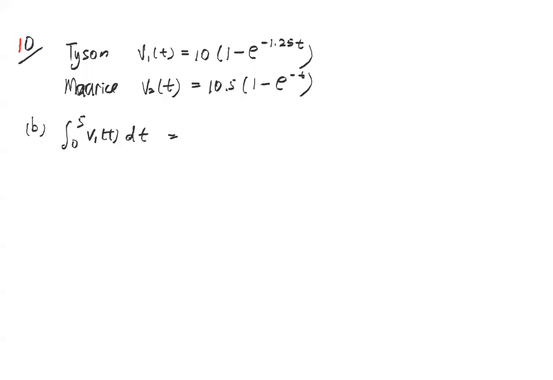I cannot call you by name, I don't have the names here. Okay, try. How to interpret 0 to 5? Integrate V1T. V1T is Tyson. Yeah, in the first 5 seconds. Okay, so this is the total distance traveled by Tyson.